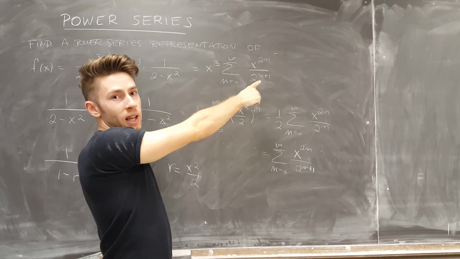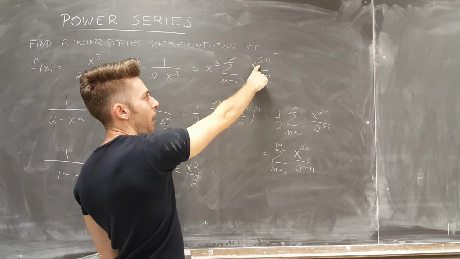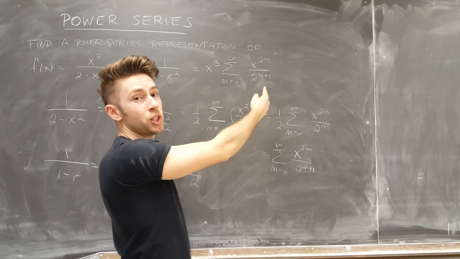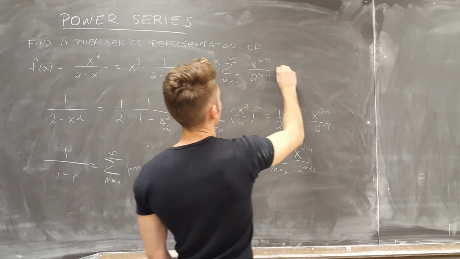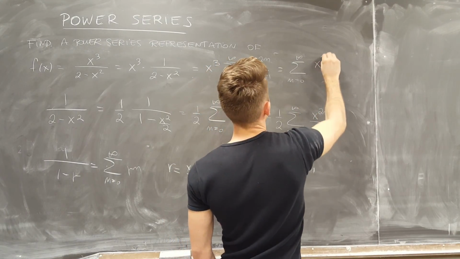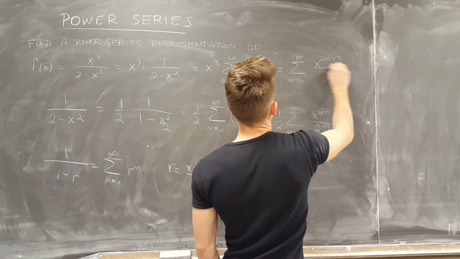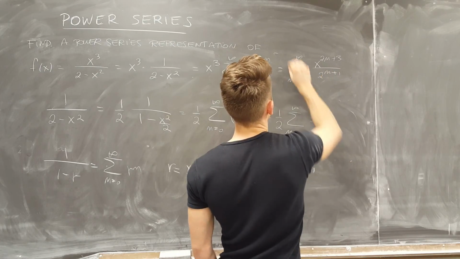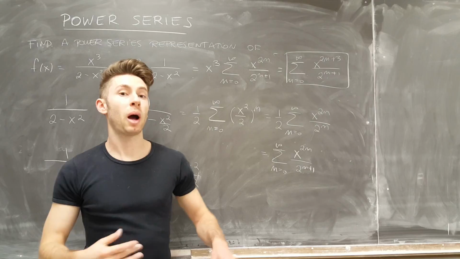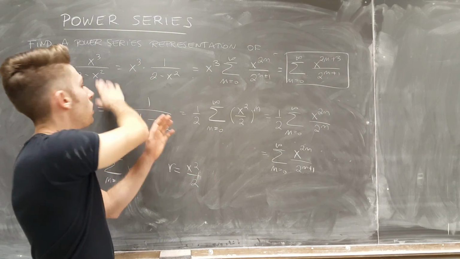Bring this power inside. And I can combine it with this. The multiplication results in addition of exponents. And this is my final answer. That's a power series representation for my function.